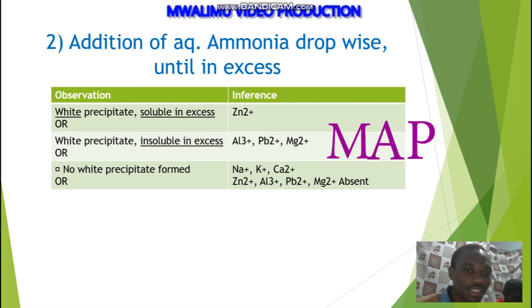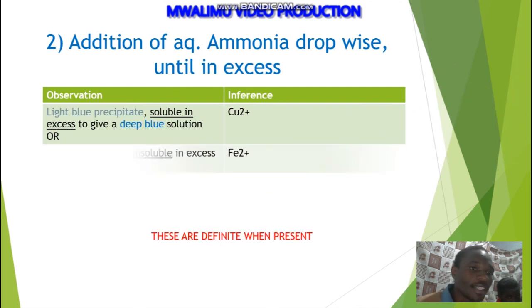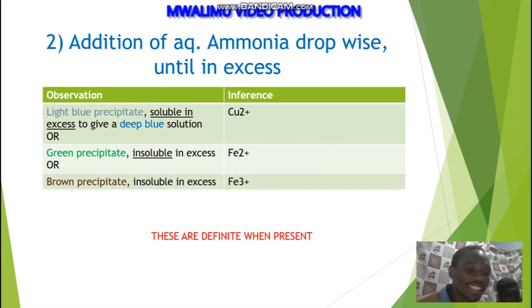But the things that do not have any color change, if you do not see any white precipitate, there may be presence of sodium, potassium, and calcium. Okay, yeah. Then the ones that we easily recognize, the ones which have got definite colors, so that is copper, iron 2 and iron 3.